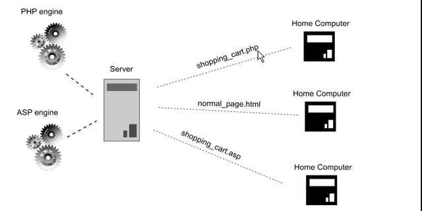So this PHP extension tells the server to send it to the engine. The engine then processes the code found in shoppingcart.php and sends the results back, which most of the time is just plain HTML, back to the server. The server then sends that processed page back to the client computer that requested the page.